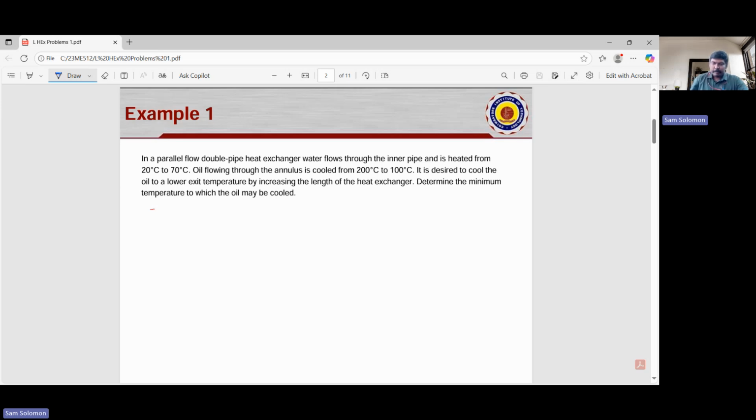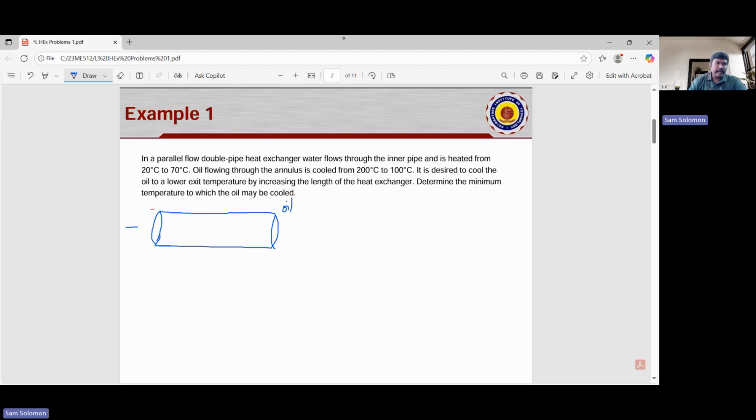So let's say we have a double pipe heat exchanger. I have an outer pipe, and through the outer pipe we have oil. Say it's a parallel flow.